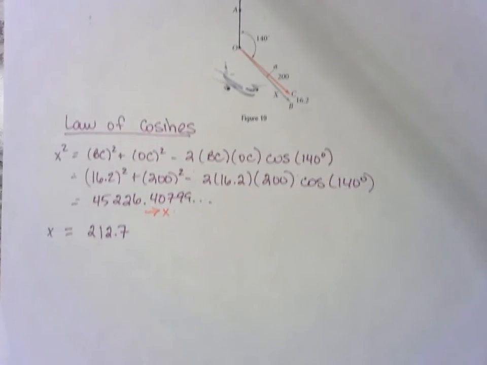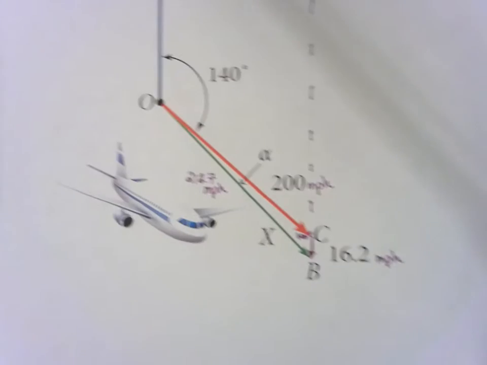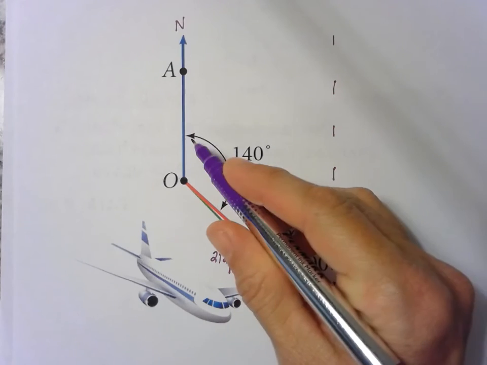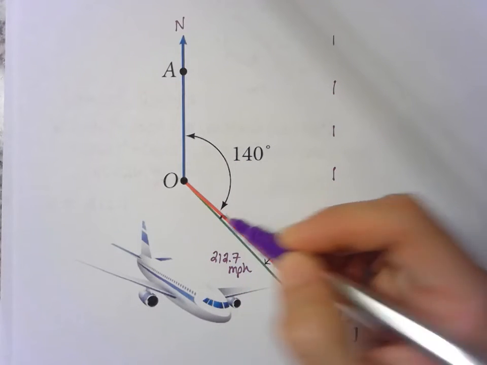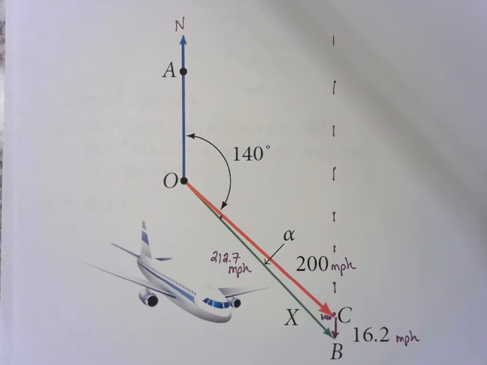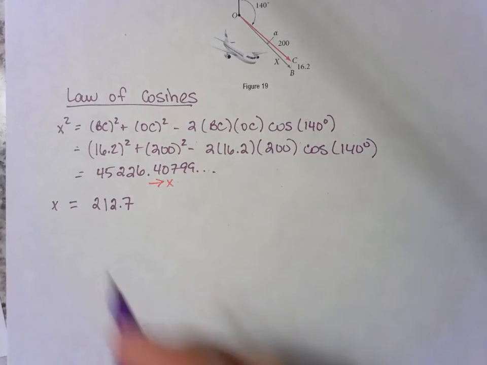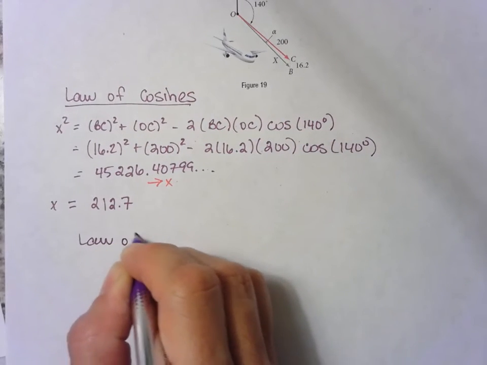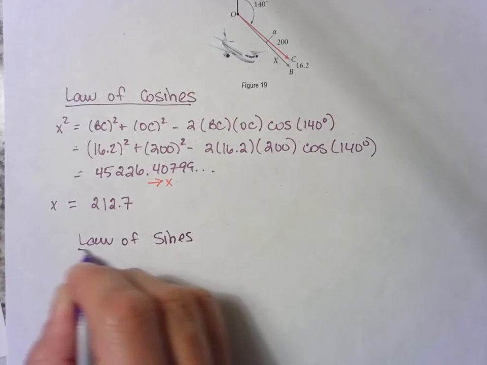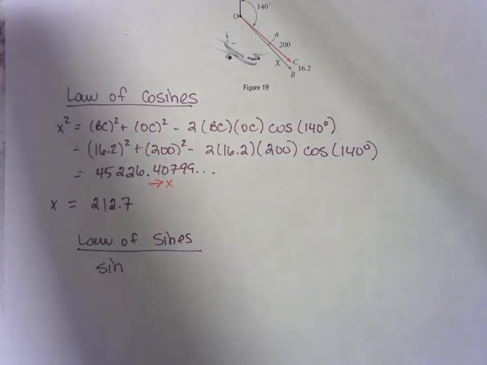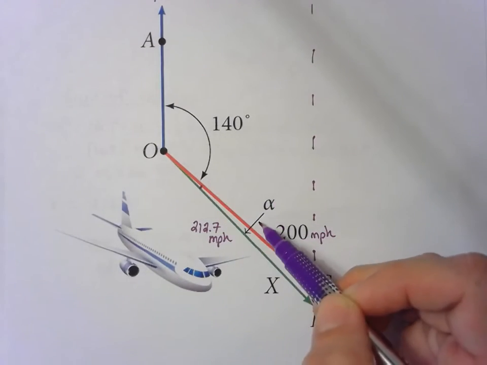Well, we have to figure out what else we know that can help us answer that question. We want to know what the bearing is. The bearing would be this angle plus this little tiny angle right here. We know this side, this side, this side, and one angle. Can we use the law of sines to find that angle? If we use the law of sines, we have sine of, we're going to call this angle alpha.